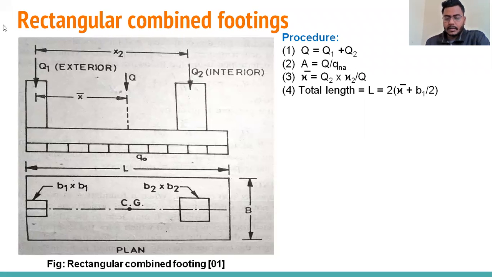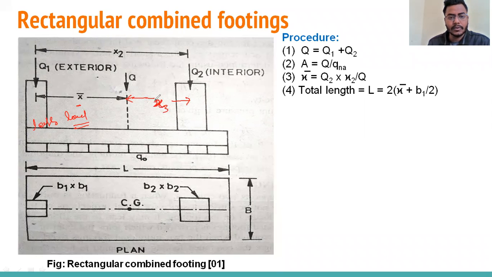Okay, so now we can calculate the total length. This is very important to understand. It means you have calculated the X bar from the lesser load, always the lesser load. Suppose this distance from the center of the higher load is x3.